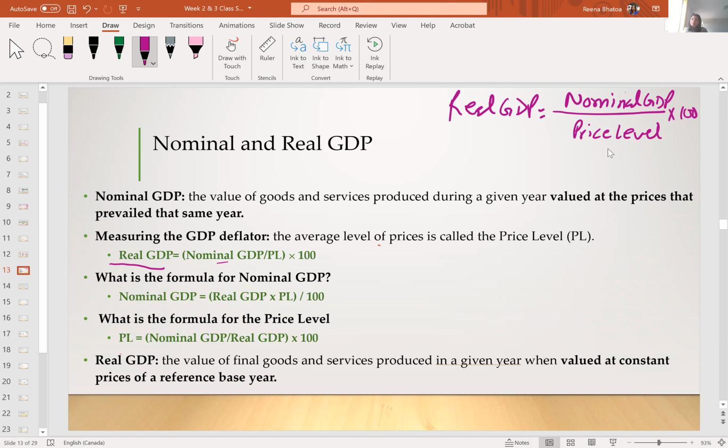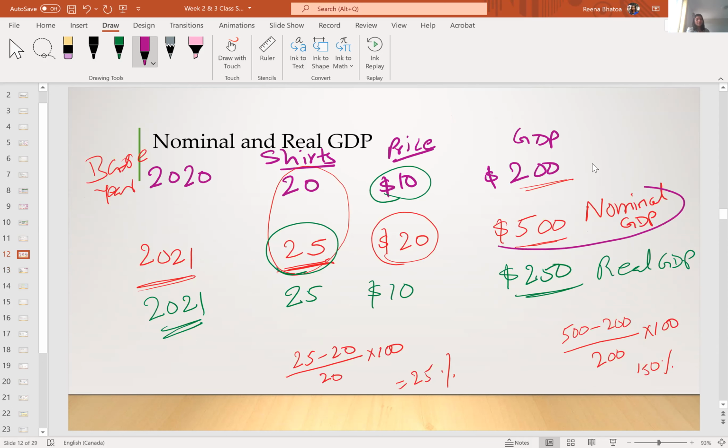We will calculate price level in unit 3, definitely. The other name for price level is GDP deflator. So deflator, it's like a balloon, you deflate. This deflator means the thing that you think is too high, they deflate it, like take out the effect of inflation.